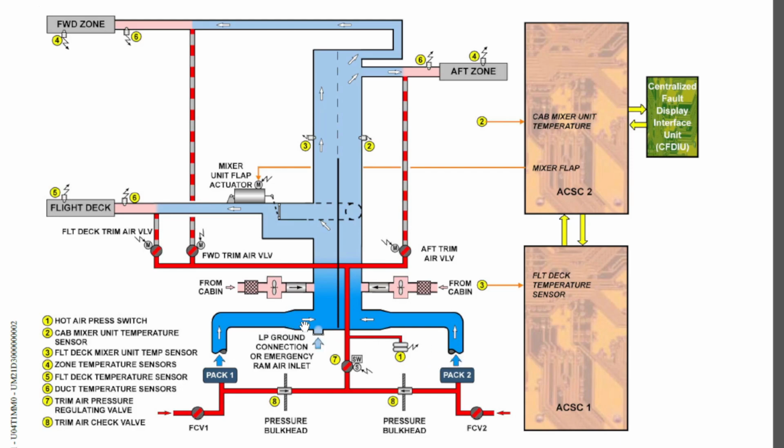Then you can see that here it says from cabin, and here you have some sort of a component, and here you have a fan sort of a thing, and here you have another arrow. These two are the recirculation fans. The aircraft has two recirculation fans which will operate whenever the aircraft is supplied with power. Whenever the ground power or the aircraft power is connected, these fans will operate continuously.